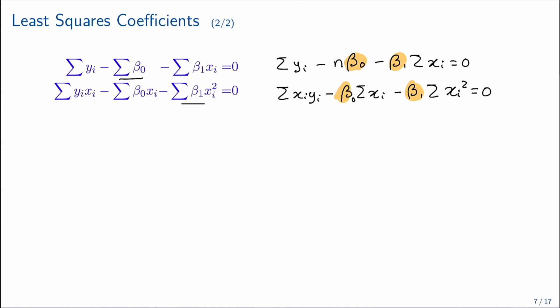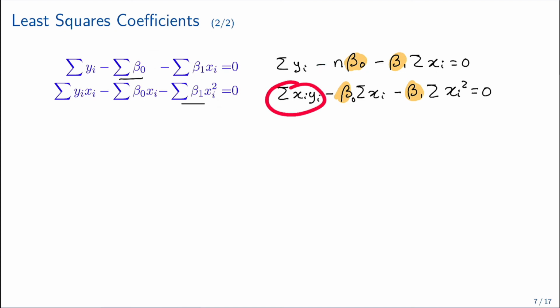So I want to keep everything with beta 0 and beta 1 on one side of the equation and move everything that doesn't have beta 0 and beta 1 to the right hand side. So those are the independent terms. To simplify things a little bit, I'm going to multiply the first and second equations by minus 1.